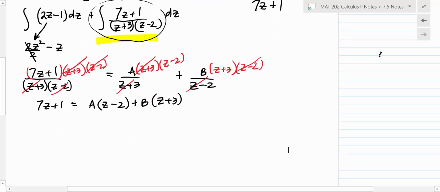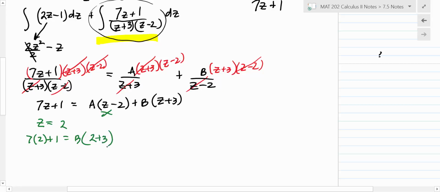Now we could also, on this one, if you want to, let's just see if we can figure it out by this method. What's a good thing to set z equal to? Let's start with 2. If z is 2, that whole thing right there crosses out. So what you'd be left with is 7 times 2 plus 1 on that side is equal to b times 2 plus 3.